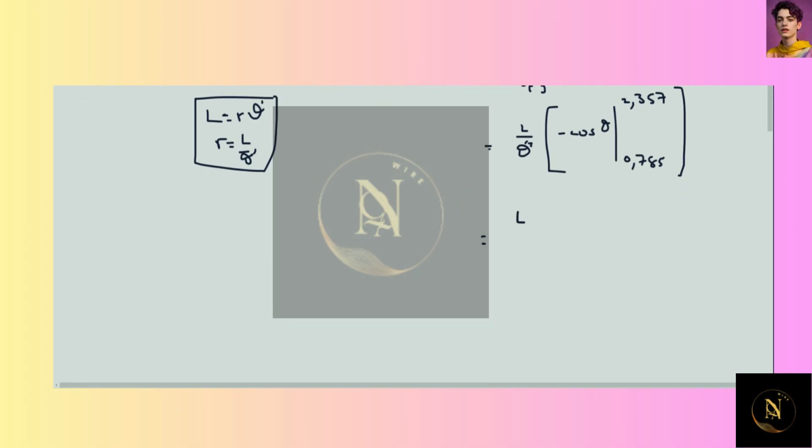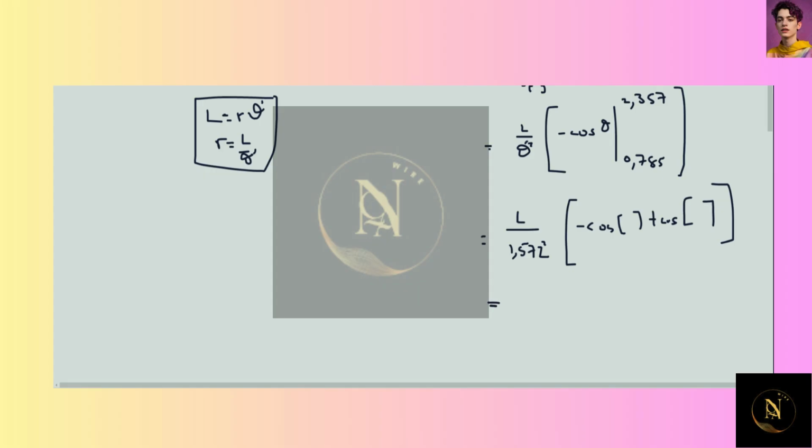So this is going to be L over, so 90.08 in radians, that's about 1.572 squared, and you want to multiply that by the negative cosine of your upper limit, which is 2.357, minus the lower limit, so that's going to be plus cosine of the lower limit here, which is 0.785. So you go ahead and compute that.